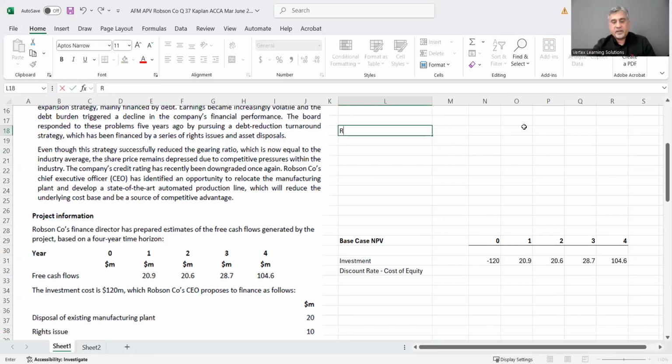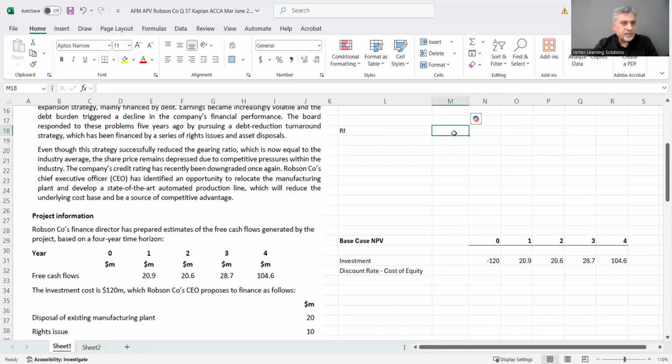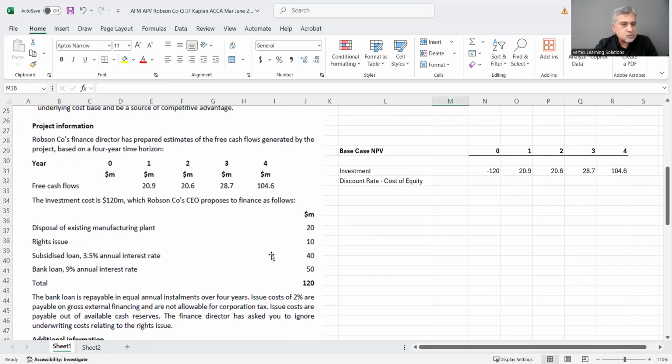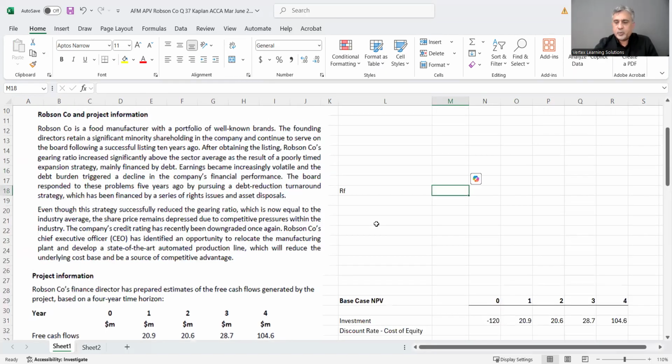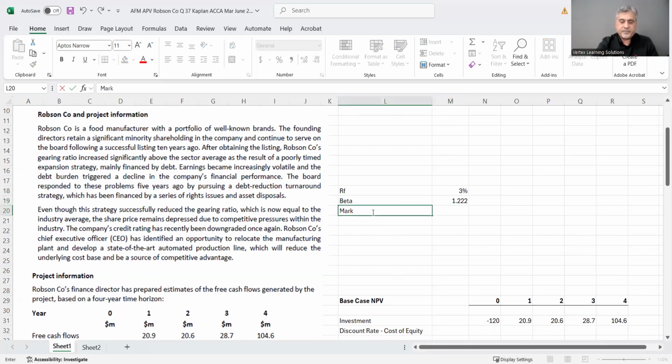I've got the formula. My RF, the risk-free rate, is 3%. My beta is 1.222, and market risk premium, which means RM minus RF, is 9%.